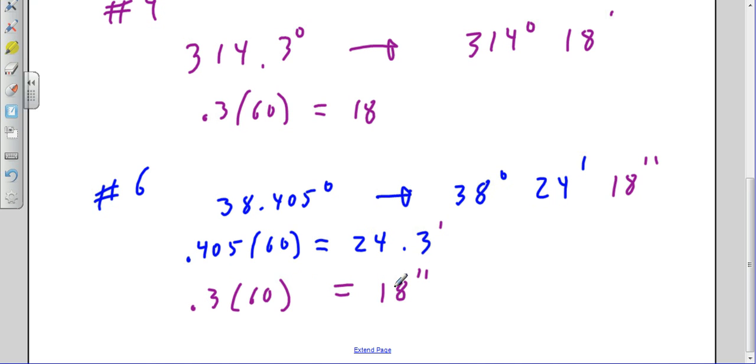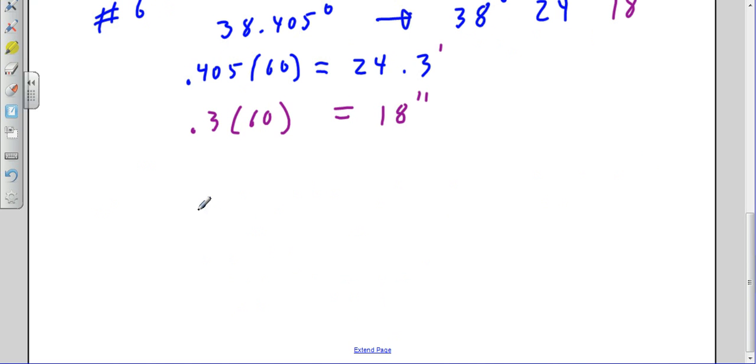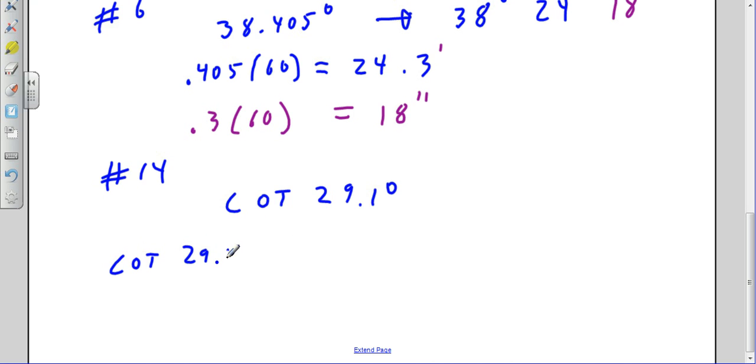Okay, we'll do 14 next. We want the cotangent of 29.10, and we want it to 4 significant digits. Well, my calculator doesn't have a cotangent function, but I remember that the cotangent of 29.10 is the same as 1 over the tangent of 29.10.